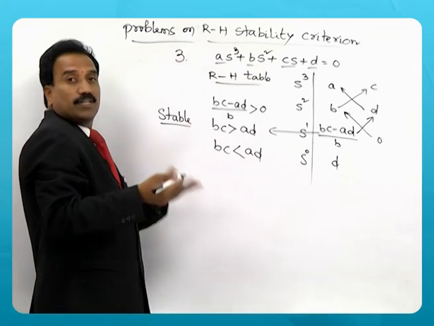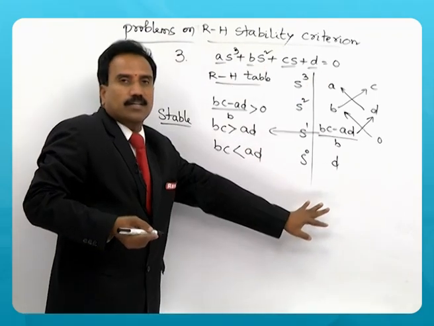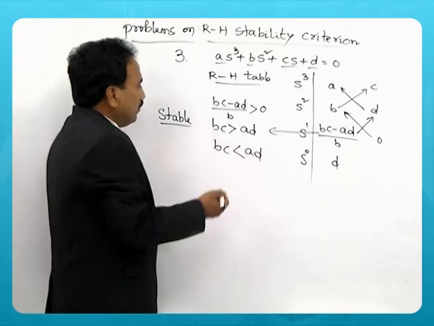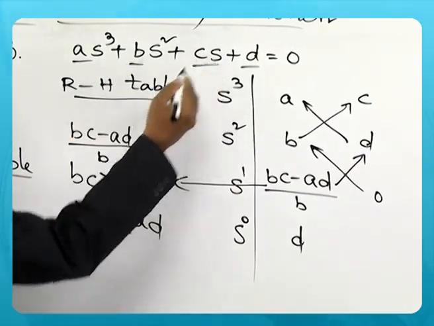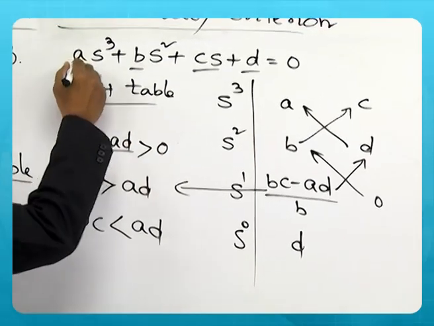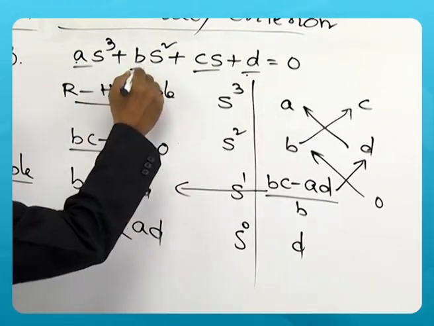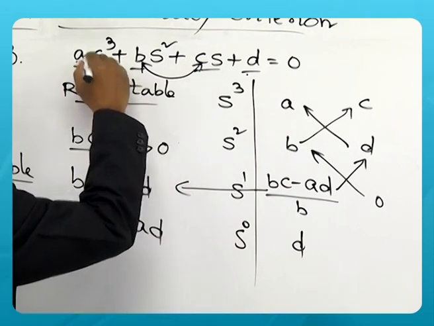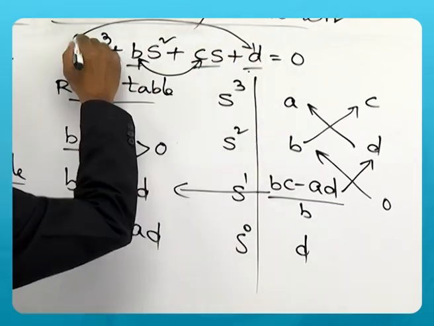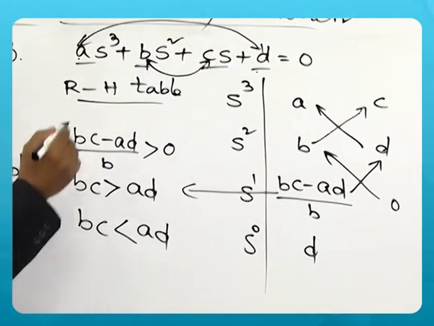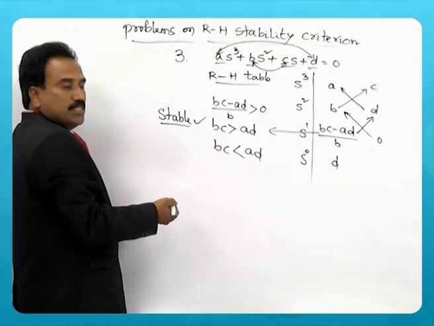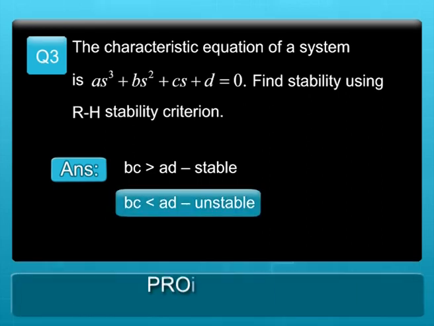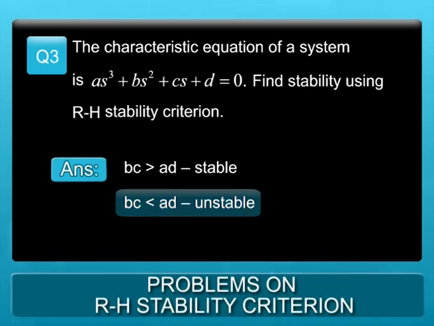If third order is given, you need not create the R-H table, but by looking at these coefficients, if product of bc is greater than product of ad, then we say that it is a stable system. If bc is less than ad, then you can say that it is an unstable system.